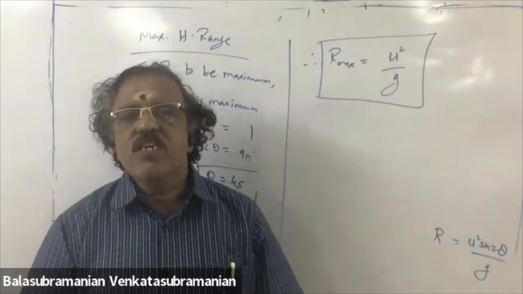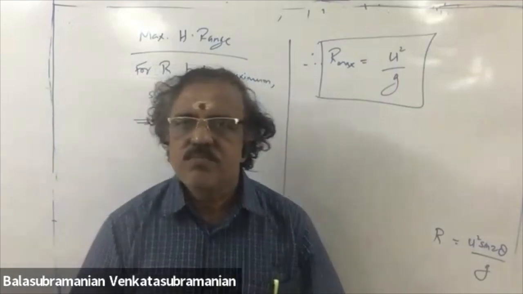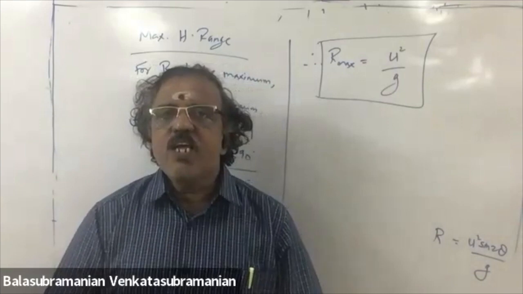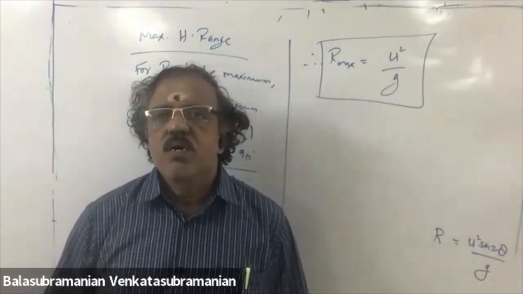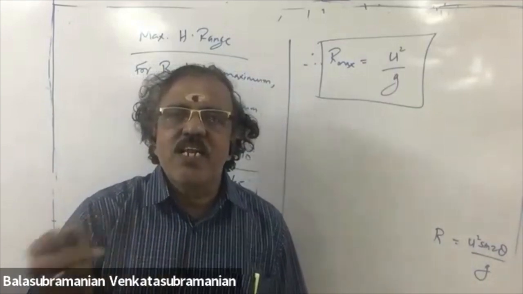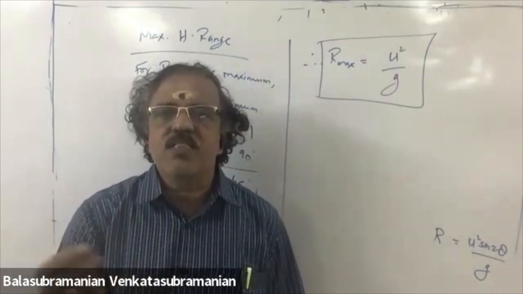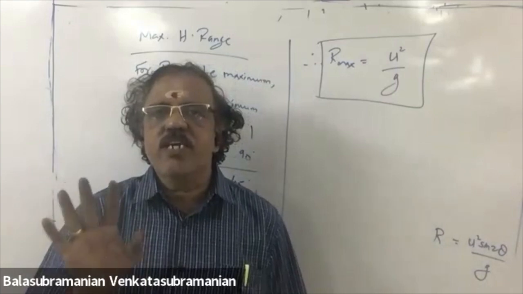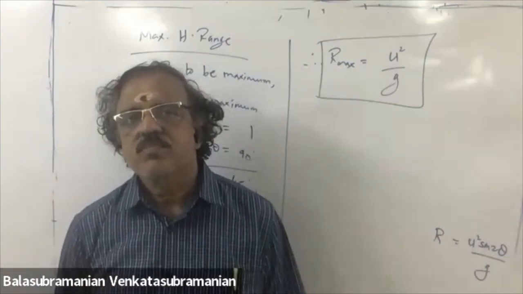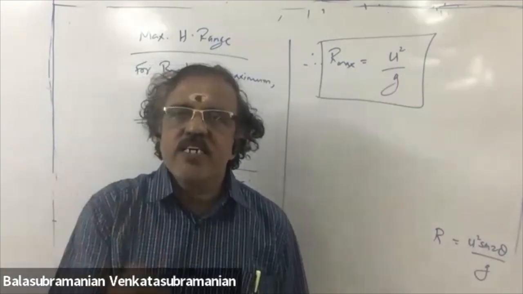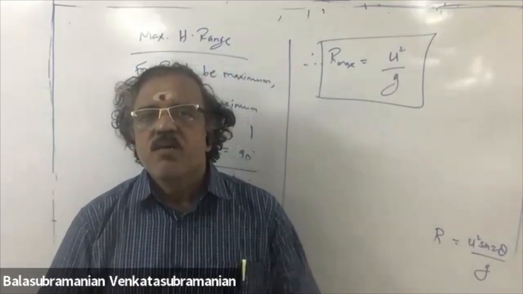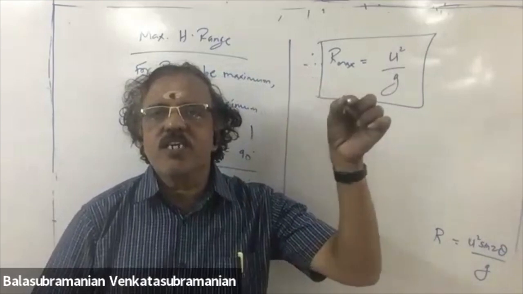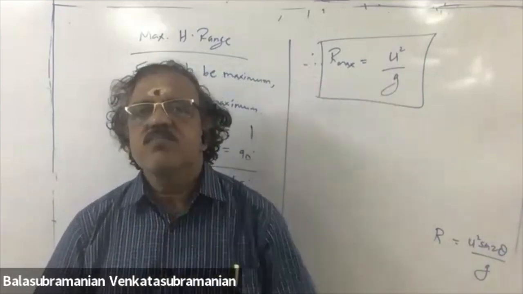Then we have introduced projectile motion. Any body given an initial velocity and it follows a trajectory, it follows a path, that is called projectile motion. In projectile motion, there are two types. First type, body projected from top of the building.